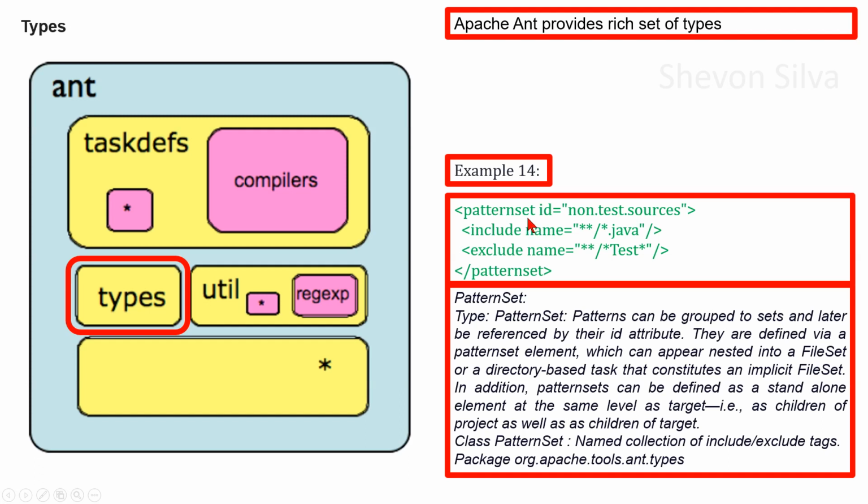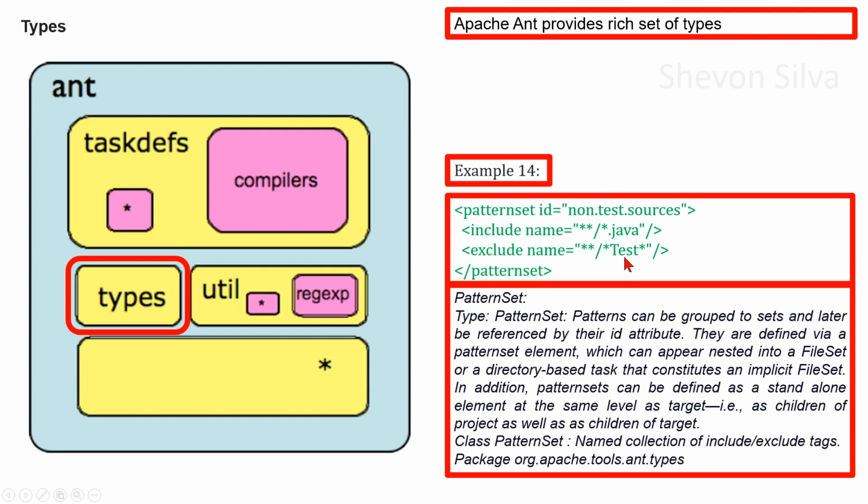With regard to API, we can consider class PatternSet, a named collection of include and exclude tags. This is in the package org.apache.tools.ant.types. Here builds a set of patterns that matches all .java files that do not contain the text test in their name.